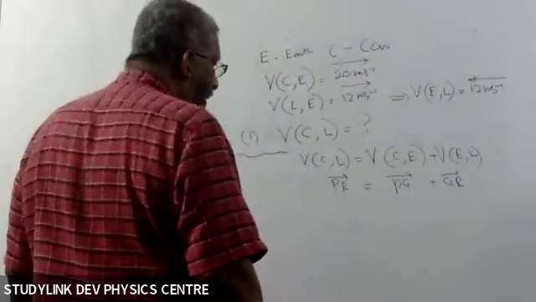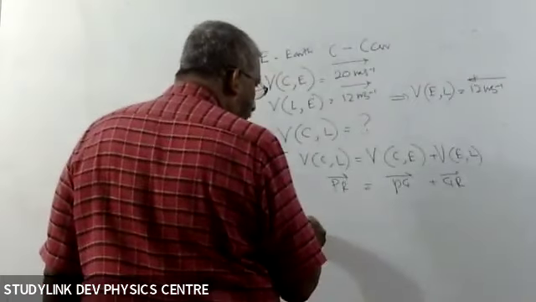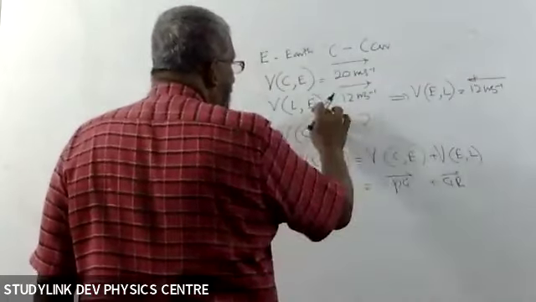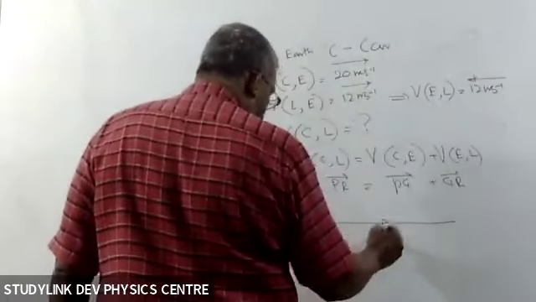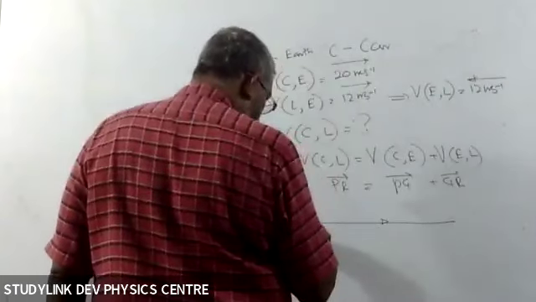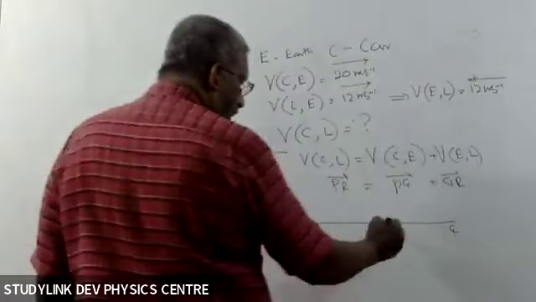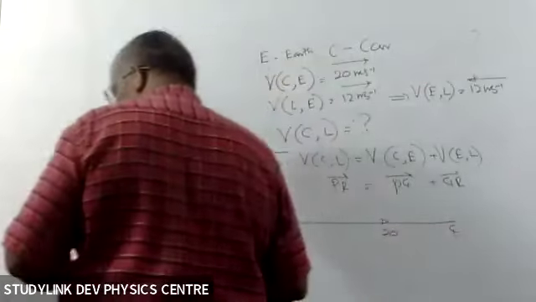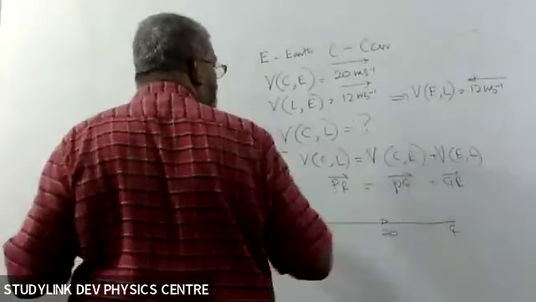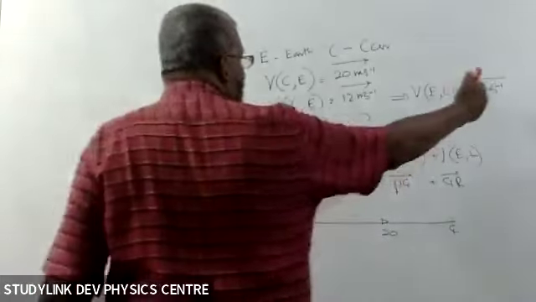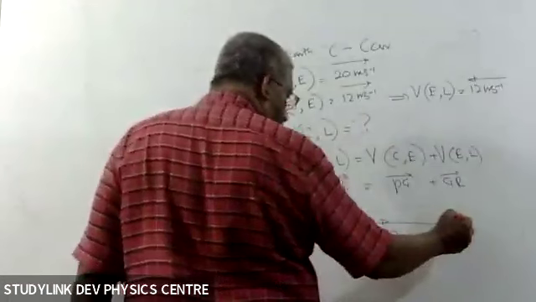First one, PQ. P to Q, CE, is 20. Then QR. QR is EL. EL is to the opposite direction, means west, 12.